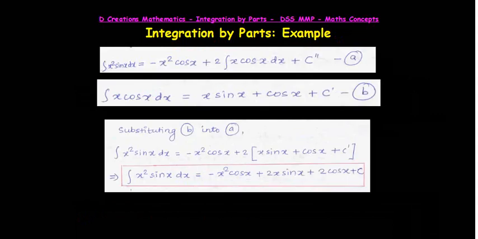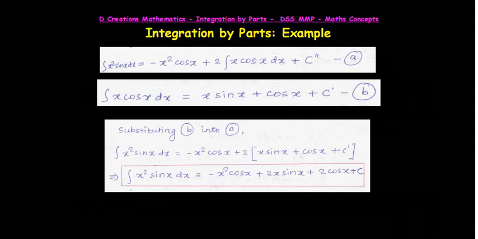Now in the final step, let us recall we had the step a. From that we wanted to evaluate the term integral of x cos x dx. So we had step b and now we are simply substituting b into a.